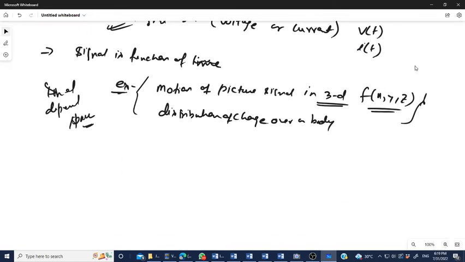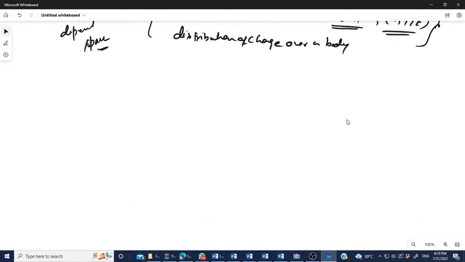Before going into the detail of the system, we are going to propose a very precise, very acceptable definition of signals.